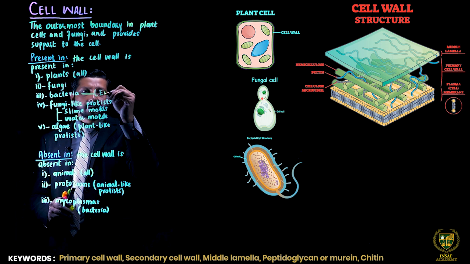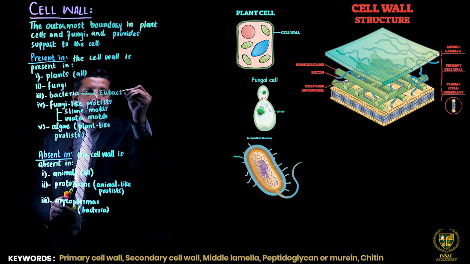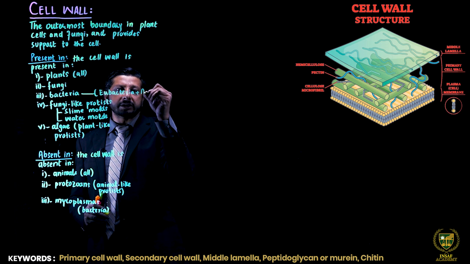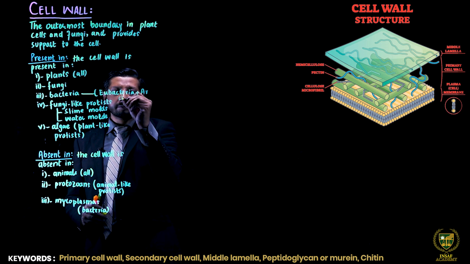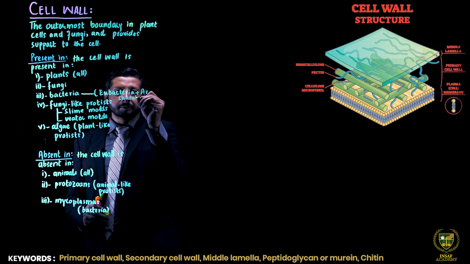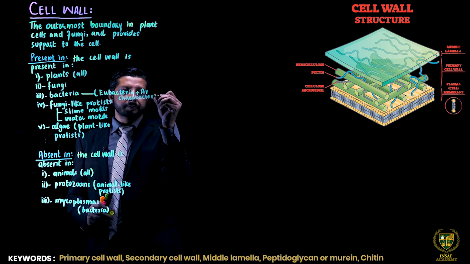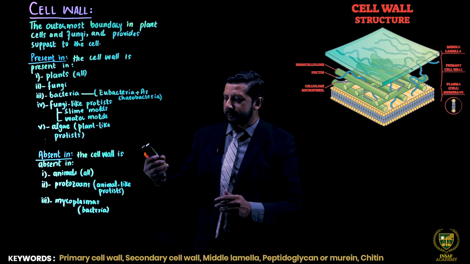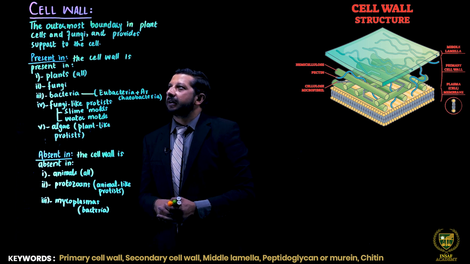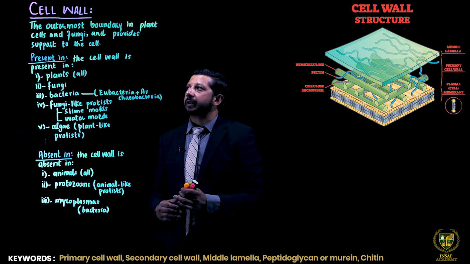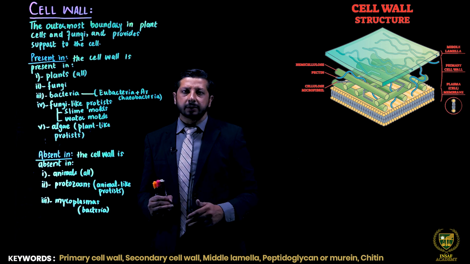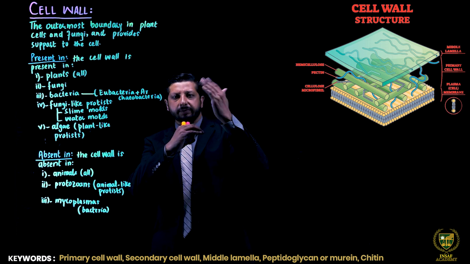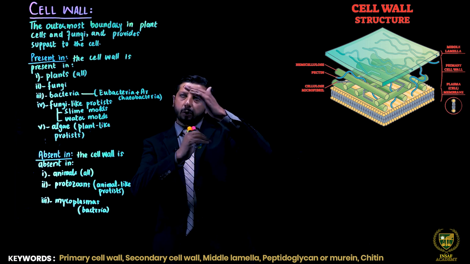The eubacteria, clear, as well as the archaeobacteria. All of them. So this is the list which has been discussed in our syllabus, the presence and absence of the cell wall. Clear? And the organisms which possess cell wall, it just lies immediately above the plasma membrane. Plasma membrane के बिल्कुल ऊपर होती है.